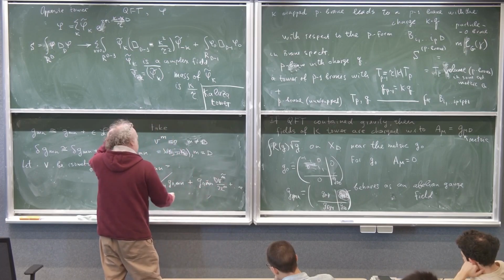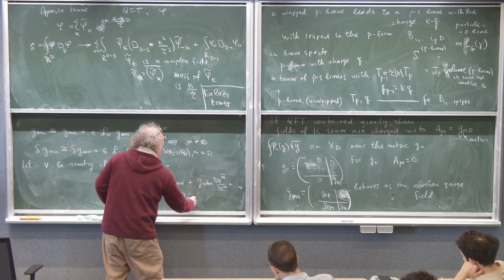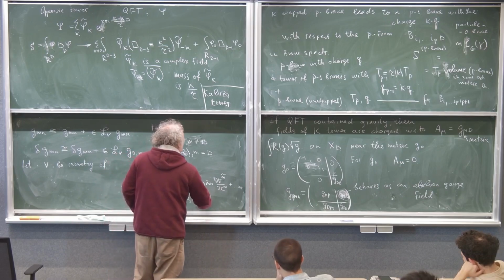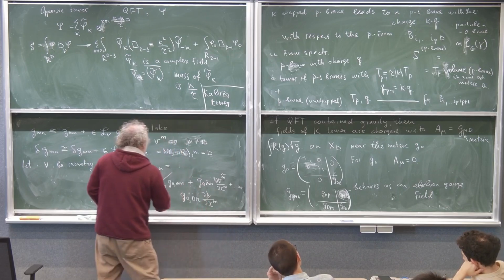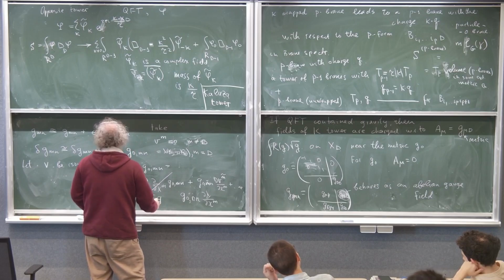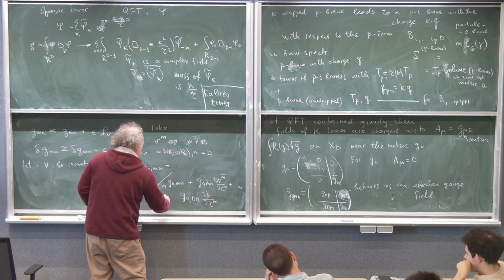So I'm getting g naught d n, d lambda over dx^m. And this is the variation of g.